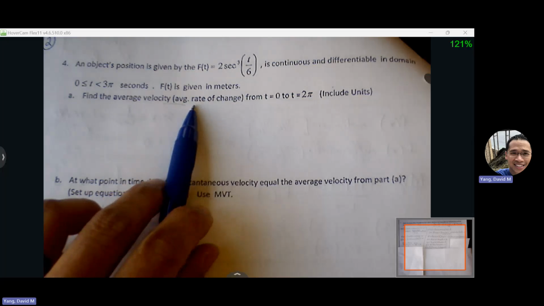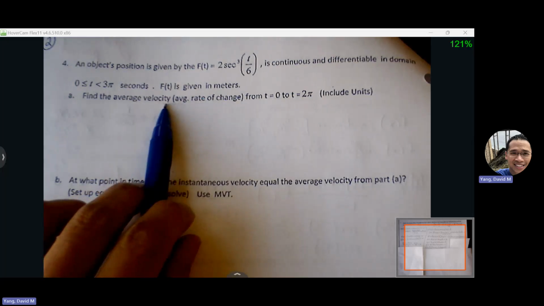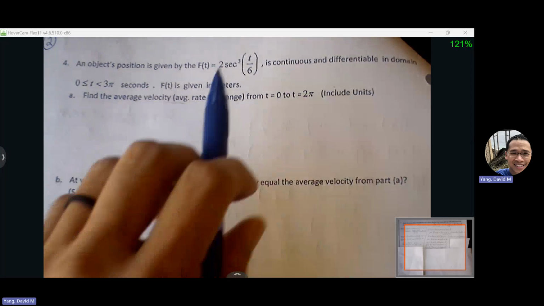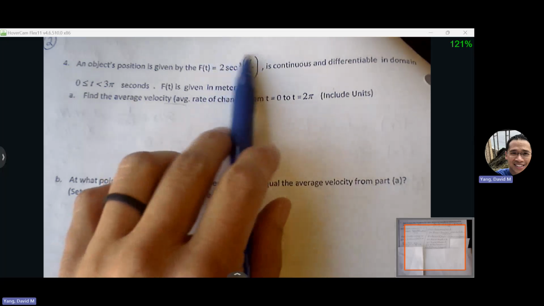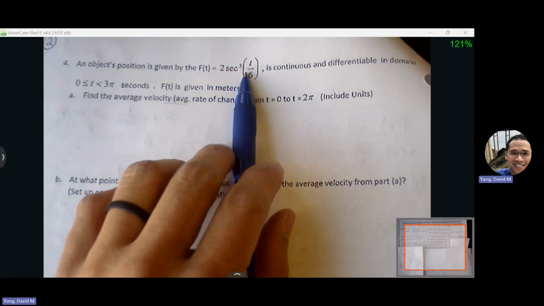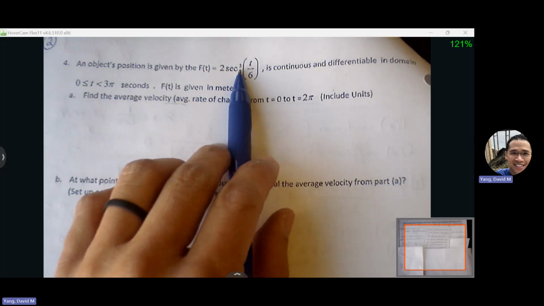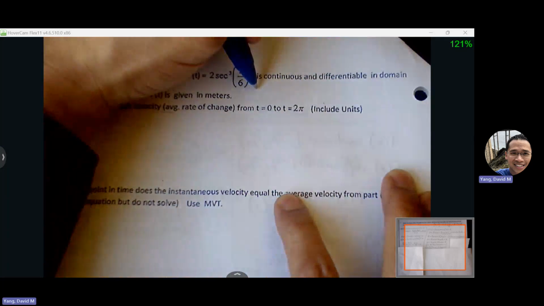Find the average velocity. So average velocity is just change in position over change in time. We're just finding slope. But it's easier, I think, if we just have that trig exponent in a better place. Easier for us to work with.